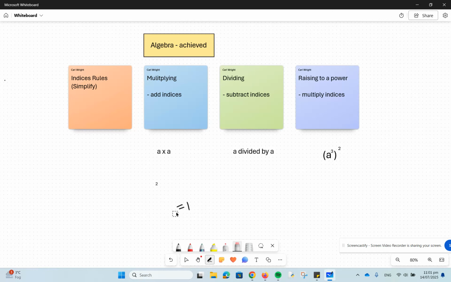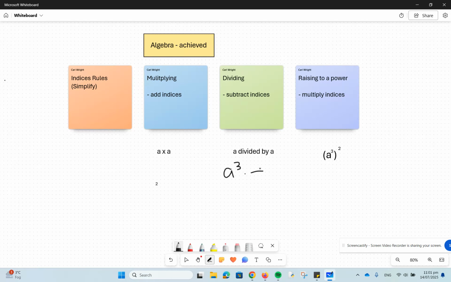So it makes sense. Okay, so we have a question here, and we're dividing, and we're involving indices, okay? And our rule is you subtract indices. All right, so let's try doing this. Let's add some indices. So we're going to say a to the power of 3, and we're going to divide it.